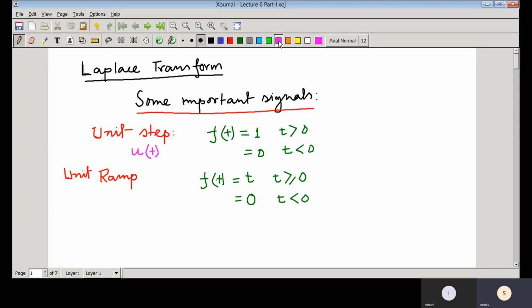This unit ramp function is normally denoted as r(t).